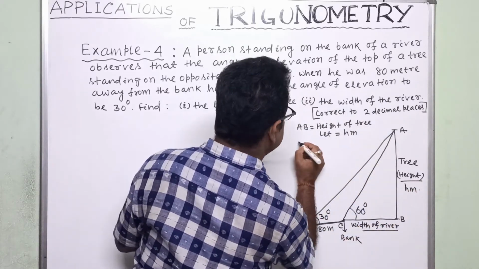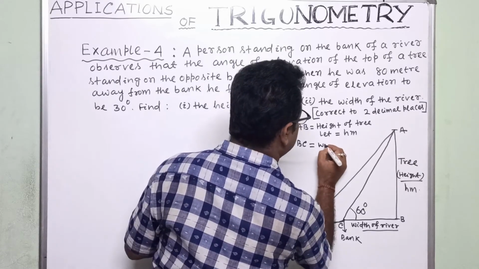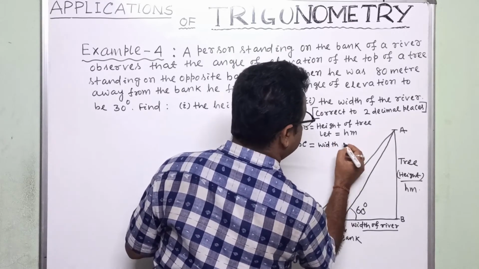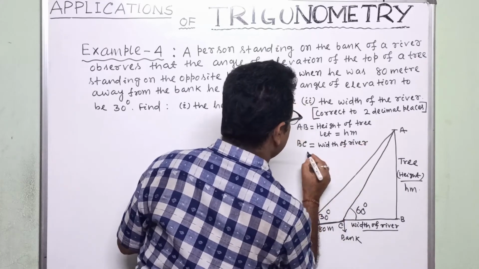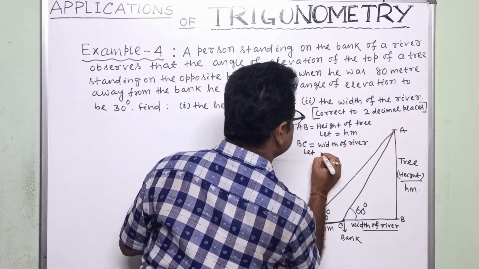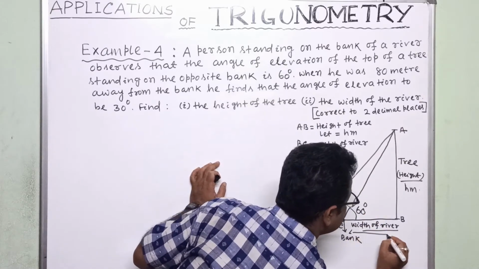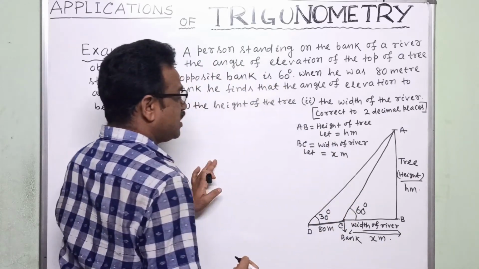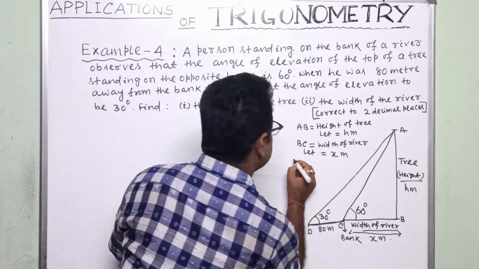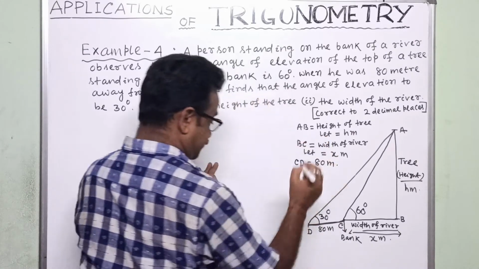Now your BC is equal to the width of the river. Let it be x meter. So this is your x meter. Now CD is equal to 80 meter, given in the question.